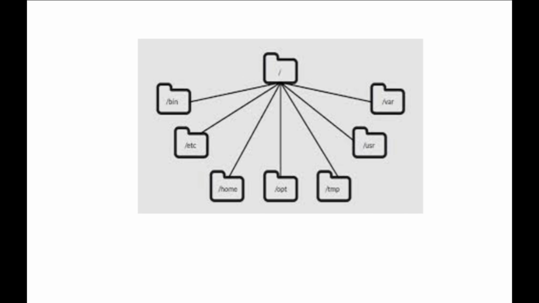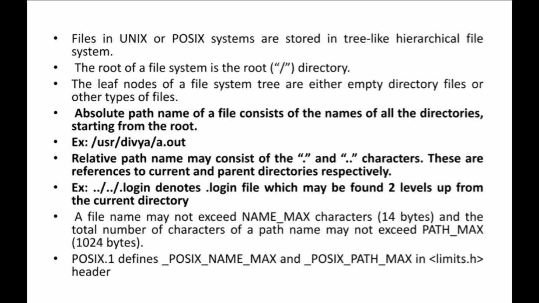Getting, guys? Next, absolute path name of a file consists of the names of all the directories starting from the root. For example, absolute path name means you can see there, example, /user/divya/a.out.